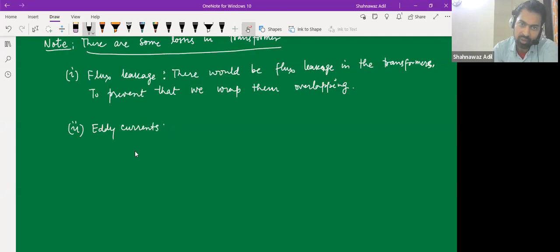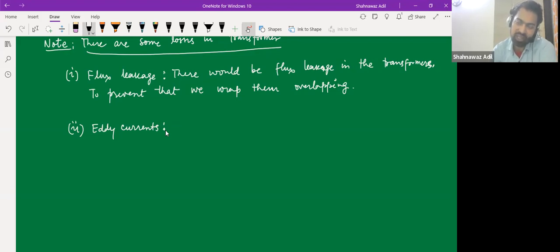What is this eddy current? We have this soft iron core, so due to the flux it will create some current in this soft iron core. This will create some induced current, and that will oppose the current induced in the secondary coil. Then the soft iron core will heat up.